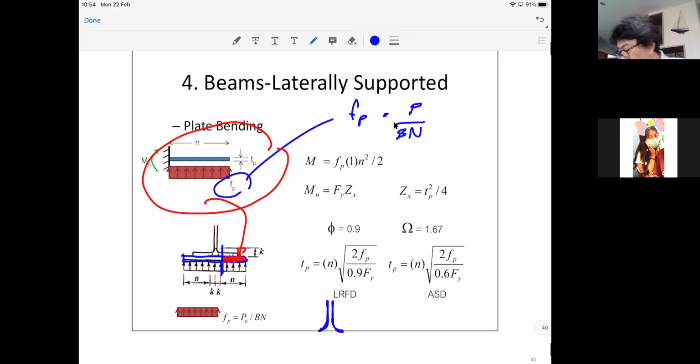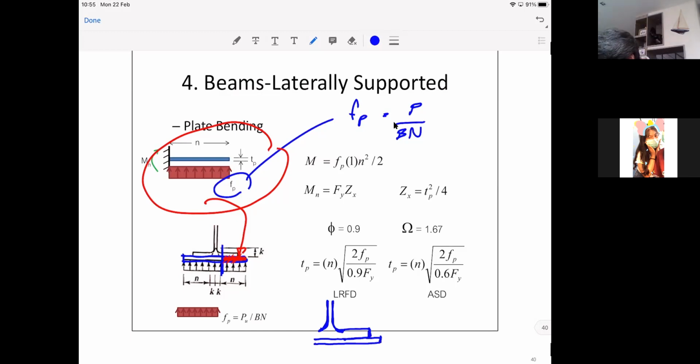According to this picture, be careful because this is going to be your beam, right? And then you have your plate underneath. So the plate will be slightly wider than the width of the flange itself.